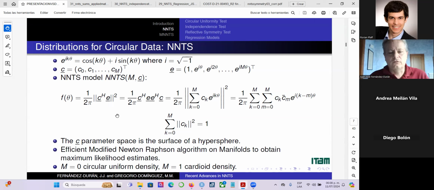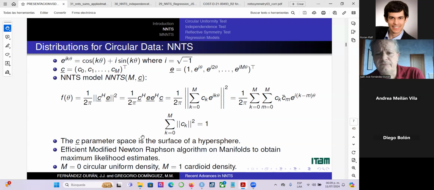it is the norm or the square modulus of the Hermitian product of two complex vectors that can be expressed as a double sum of different trigonometric functions. That is going to allow us to have a different number of modes, with the interesting characteristic that the parameter space is going to be the surface of the unit hypersphere.